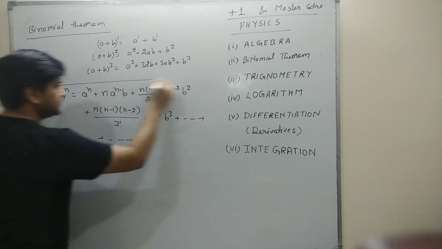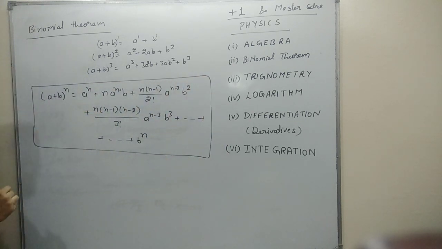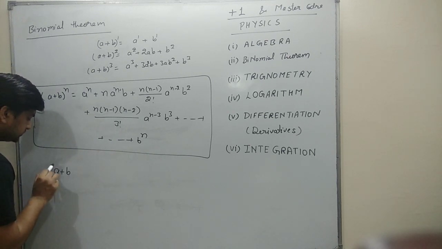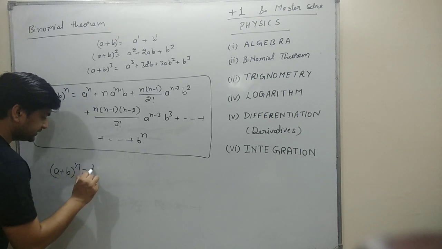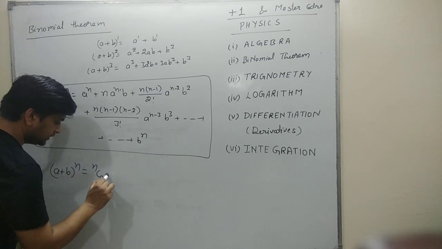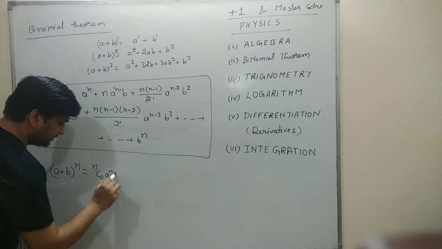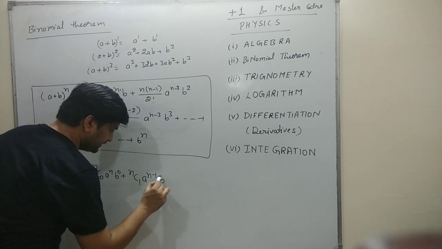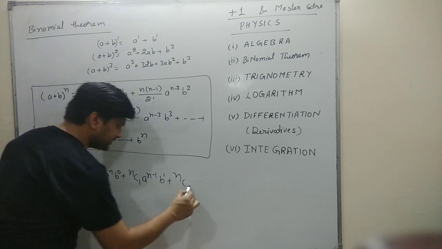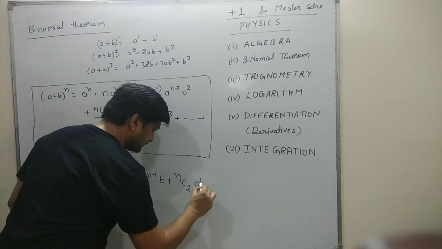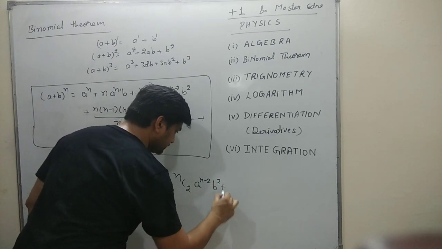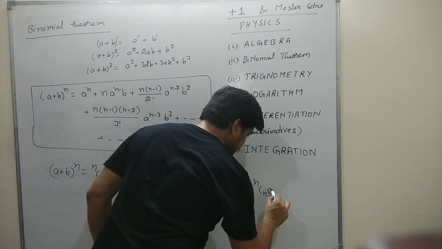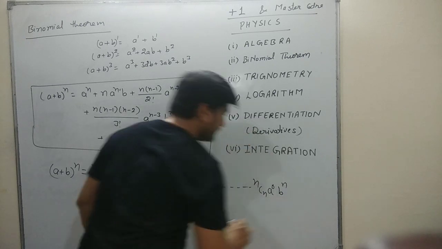So this is the first formula of binomial theorem, and we can also write one form of binomial theorem as nC0 a raised to power n and b raised to power 0, nC1 a raised to power n minus 1 b raised to power 1, nC2 a raised to power n minus 2 b raised to power 2 up to nCn a raised to power 0 b raised to power n.